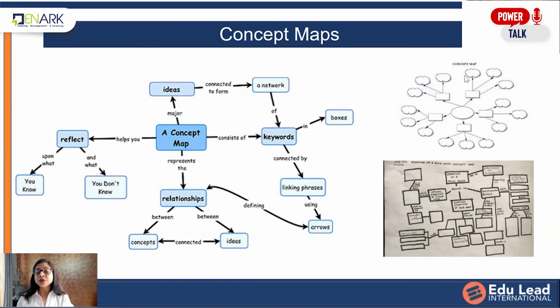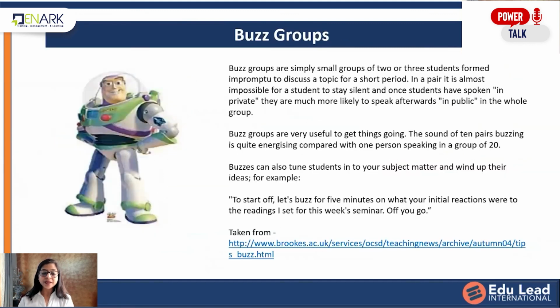To your middle achievers, you can provide a concept map which is half filled and let them complete it. And to your high achievers, you can provide an absolutely blank concept map and let them complete it, or just tell them to create a concept map on their own. So you are providing them the level of difficulty which each one of them can handle.